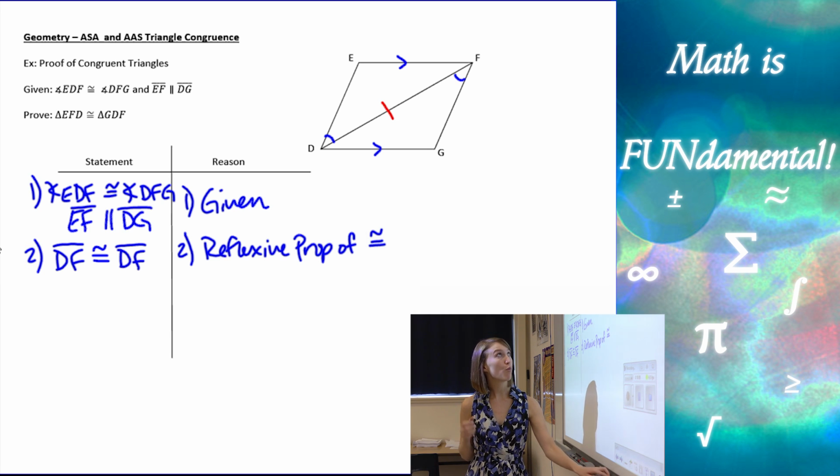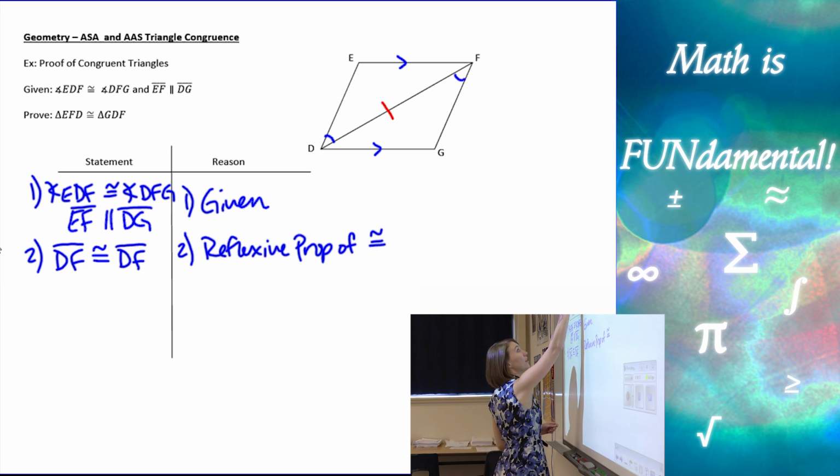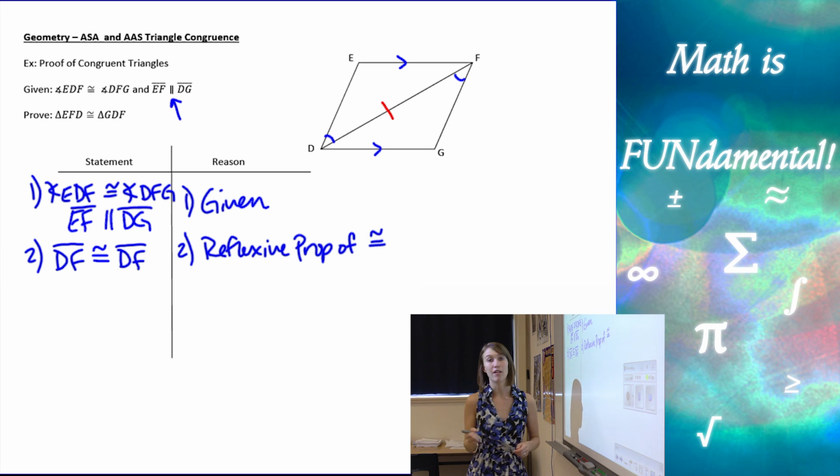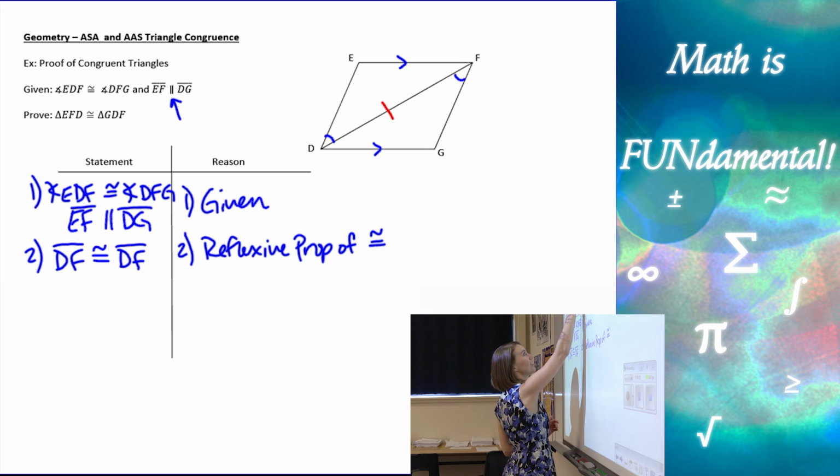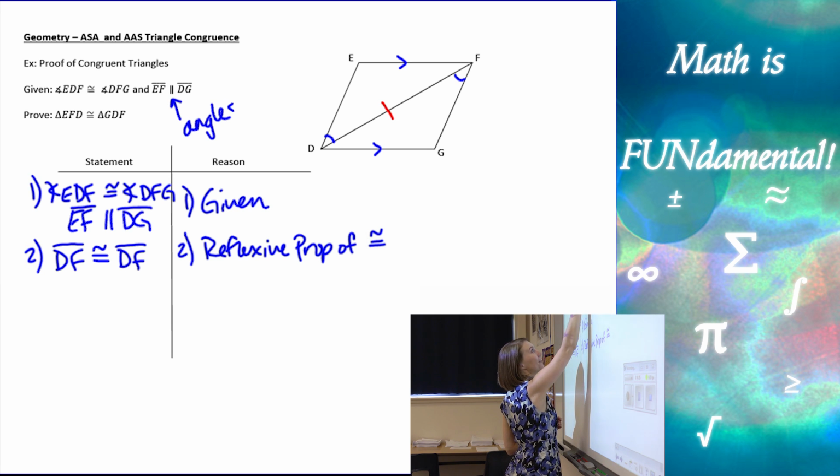So now I have one set of angles, I have one set of sides, I need one more piece of information. I need 3 parts in order to get to one of those postulates we've learned. So we have another piece of information here, these parallel sides. And anytime we see parallel sides in a proof like this, we want to think about the angles.